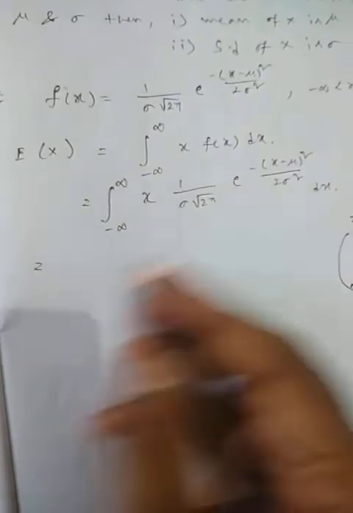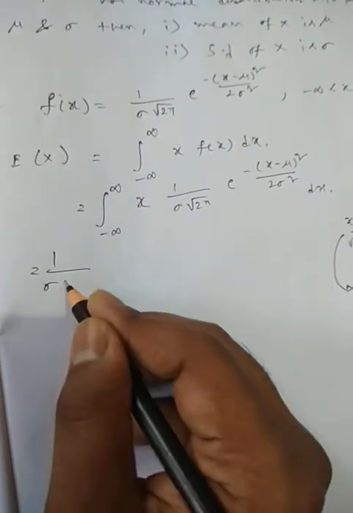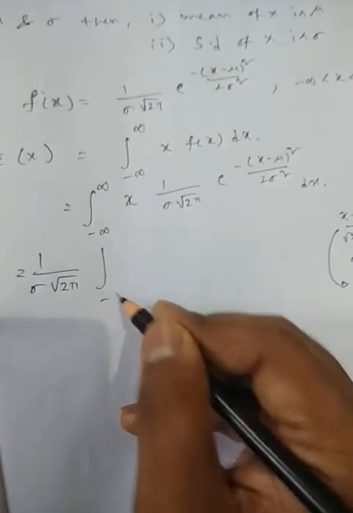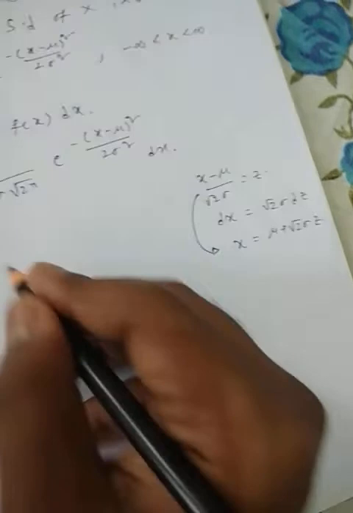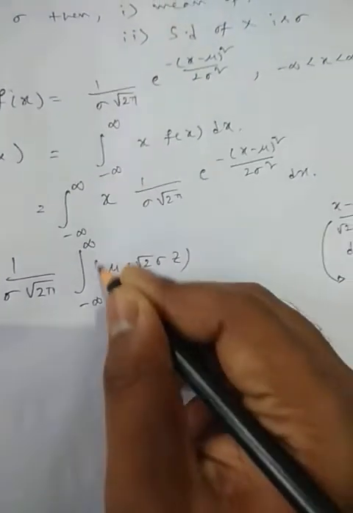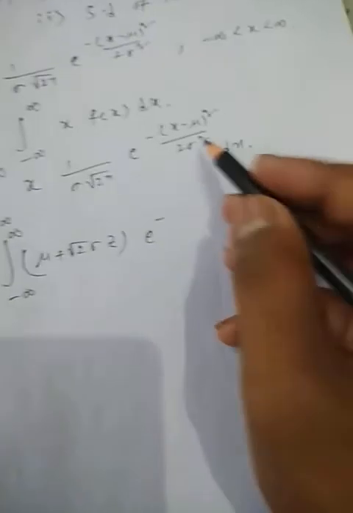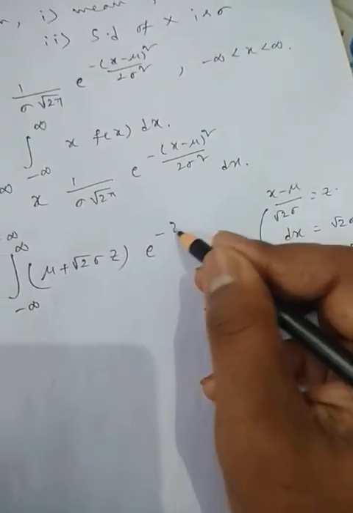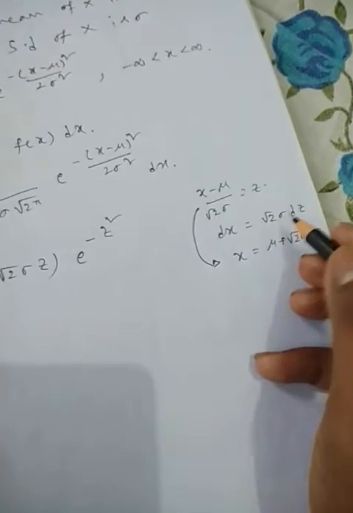The constant part 1 by sigma root 2 pi we are taking out of the integration, minus infinity to infinity. The value of x is mu plus root 2 sigma z, e to the power minus z square, since the square root of this power is substituted by z. The value of dx is root 2 sigma dz.